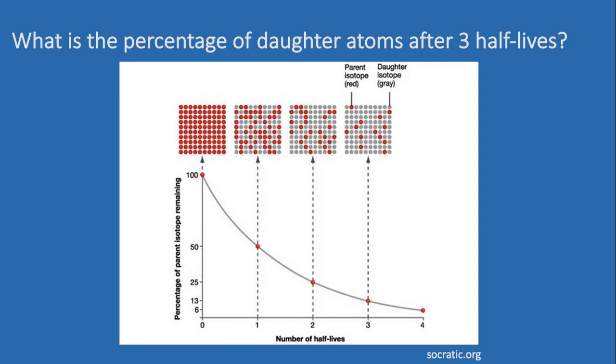So what is the percentage of daughter atoms after three half-lives? Well, I just actually gave this answer, you have 12.5% parent atoms left after three half-lives. So take 100 and subtract 12.5, you get 87.5.